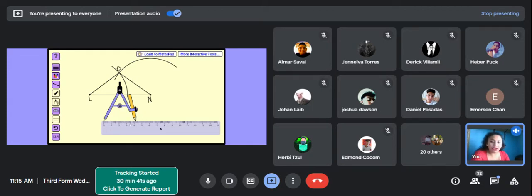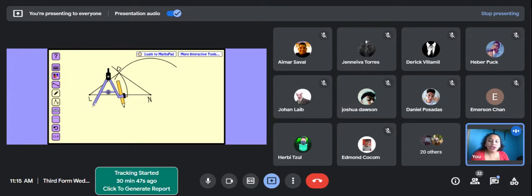So that is what I'm measuring here. Once you have that measured, you're going to set it at L, same point as L, and we're going to be drawing an arc at the bottom. And that is what you should have.